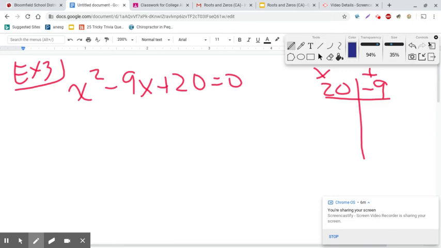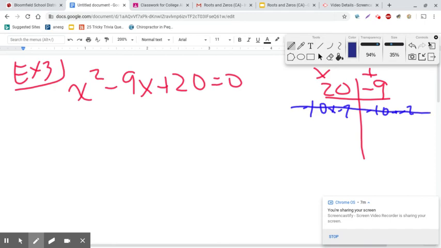So right off the bat, we know both of our answers are going to be negatives. So we can try negative 10 times negative 2, but negative 10 plus negative 2 is not negative 9. So that can't work.